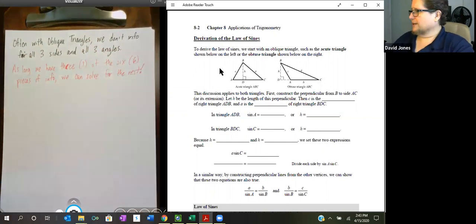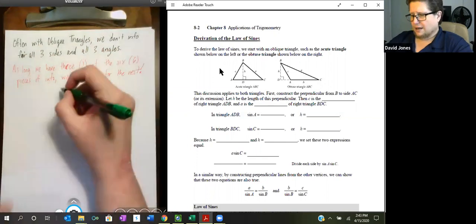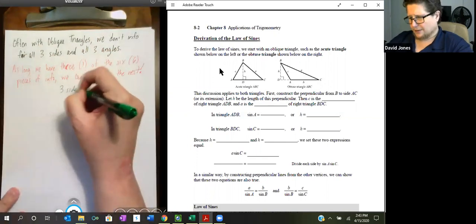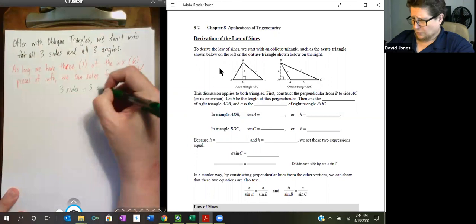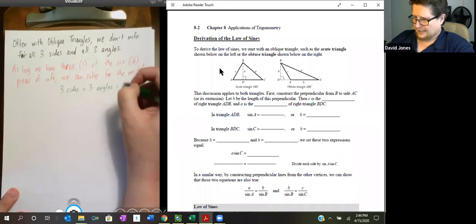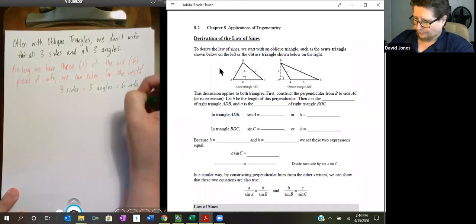This is pretty good stuff. Why do I say 6? 3 sides plus 3 angles equals 6 pieces of info.